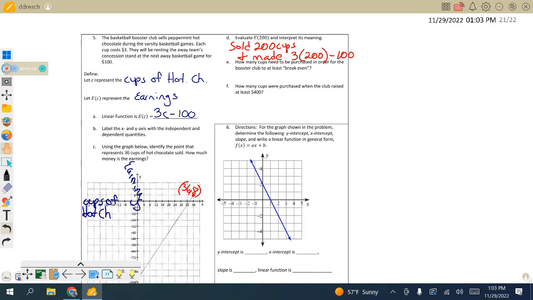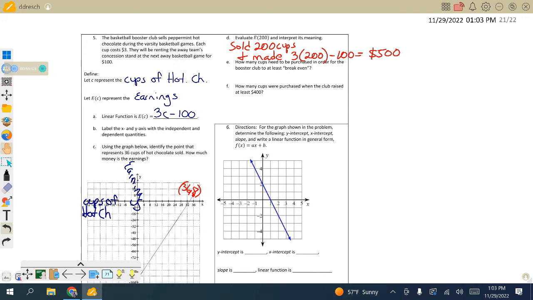This is again where your calculators come into play. Okay, we all know what 3 times 2 is: 600, right? And 600 minus 100 is $500. When you sold that much, it's probably worthwhile being at the game. We came away with only $8. Probably not a good idea to next time sell hot chocolate at every away game.